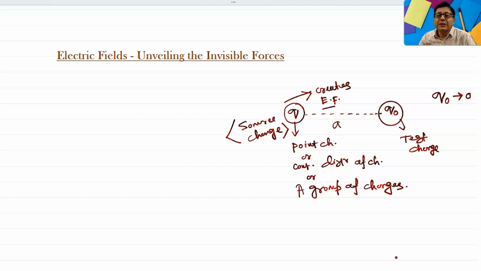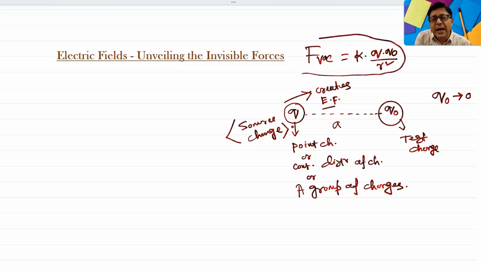But one thing I would like to say, if you remember Coulomb's law in your mind, that force in vacuum equal to Q into Q0 by R square, this will vanish when R tending to infinity.